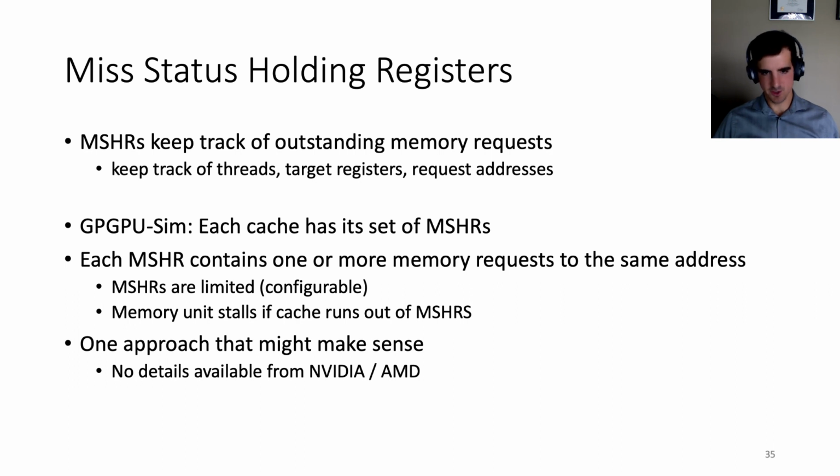You will just take a look in the MSHR and see if you've already missed on this particular access. If you have, then when that access comes back, you will fill in the data for both the first instruction that generated the miss and the second instruction that wanted to access the same cache line after the first one came through.